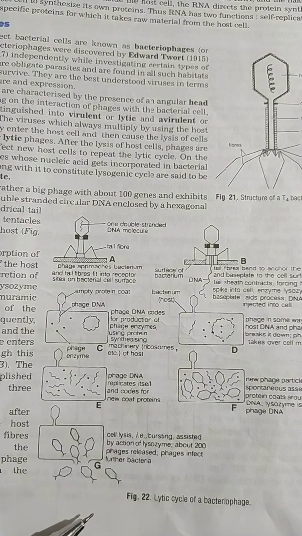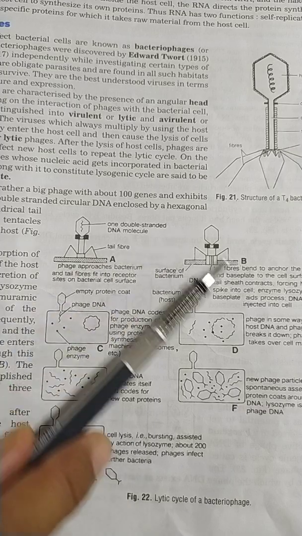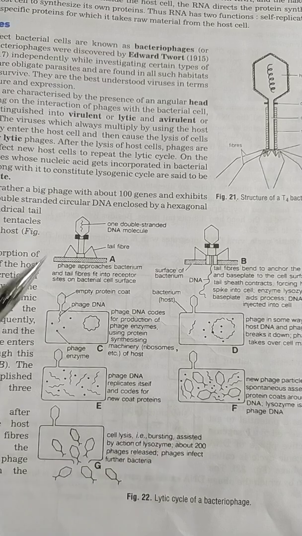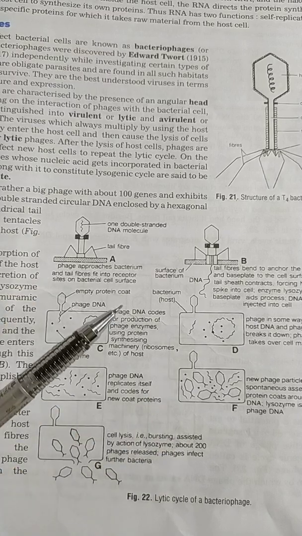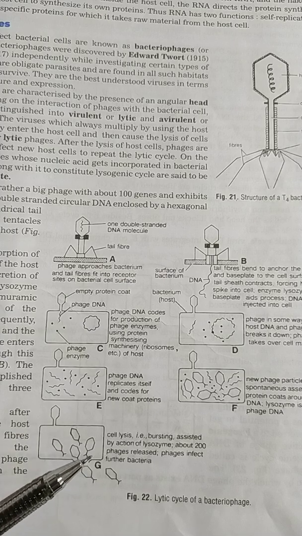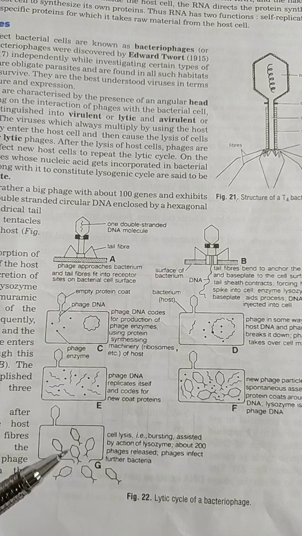The entire cycle of phage development is completed in 30 to 90 minutes. This is the time taken, 30 to 90 minutes. And a total of 200 phages are formed in one bacterium. The lysis of the host cell, or breaking down of the host cell, is essential for the liberation of the phage particles.